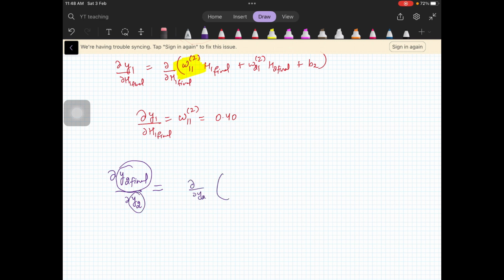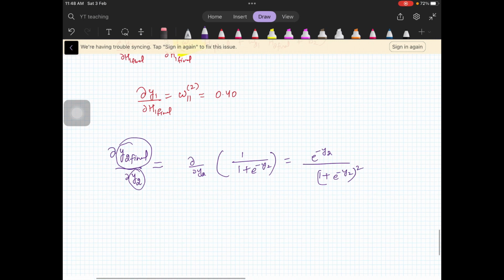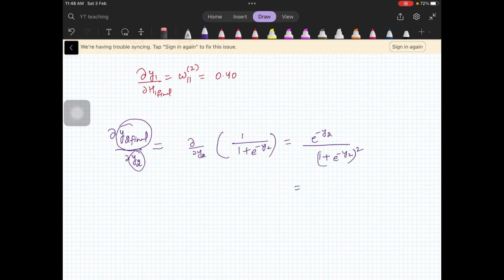So this is 1 over 1 plus e raised to power minus Y2. Its derivative would be e raised to power minus Y2 over (1 plus e raised to power minus Y2) square. And this quantity we have already seen again and again.